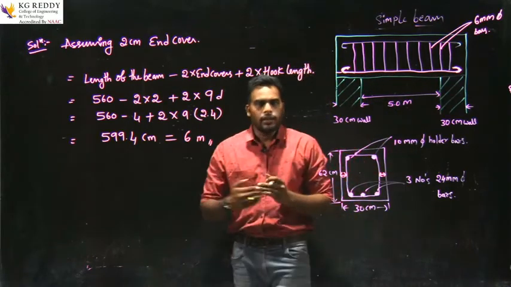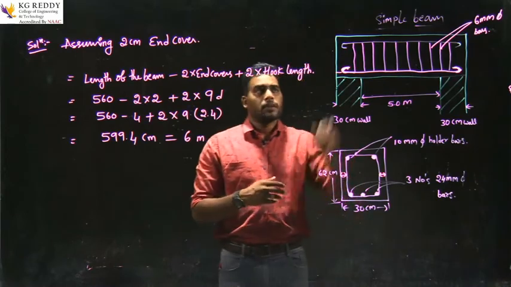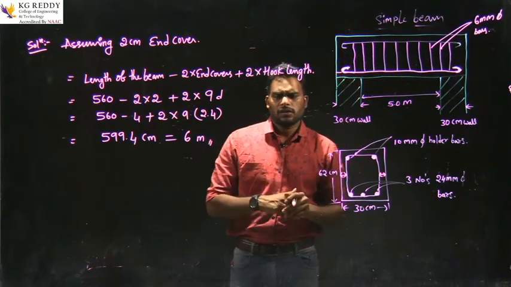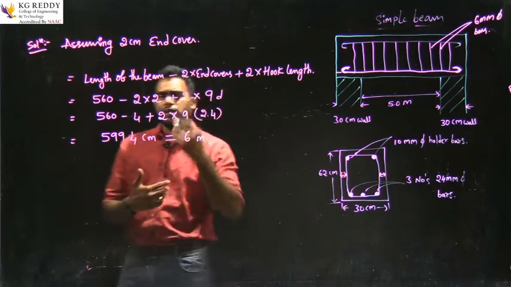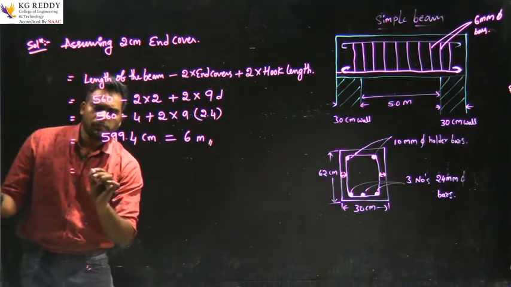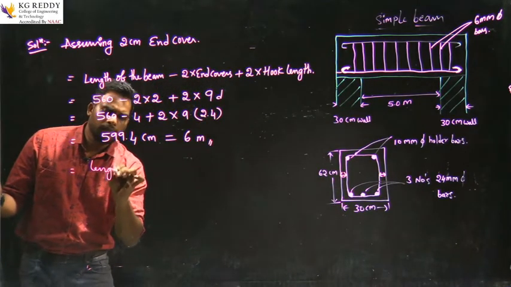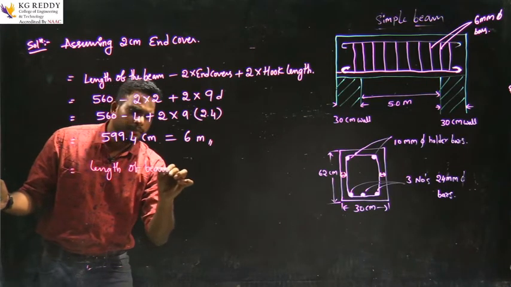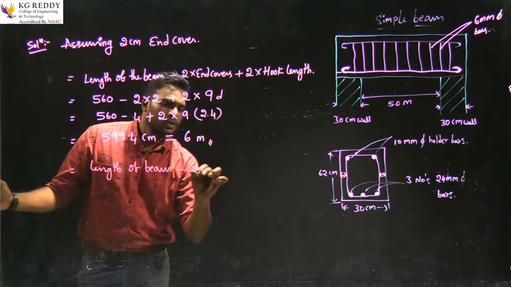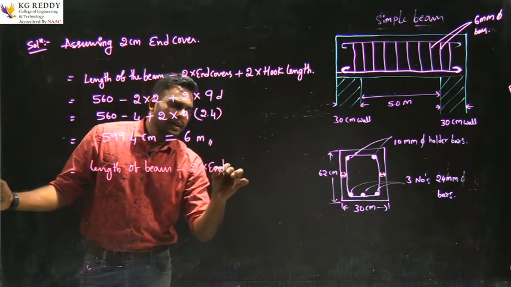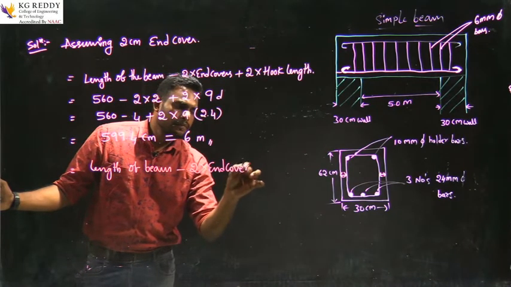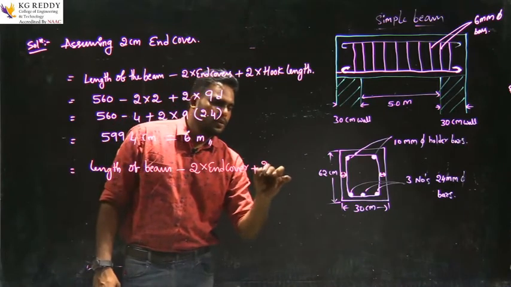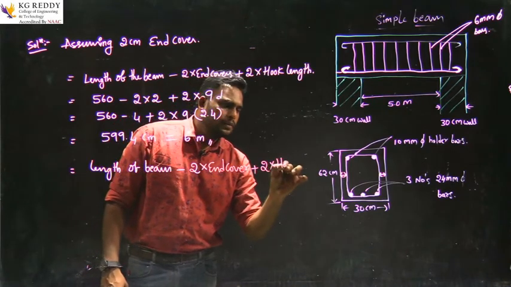Same as usual, we need to find out the holder bar's length. So the same formula, the same equation we will use. Length of the beam minus 2 into end cover plus 2 into hook length.